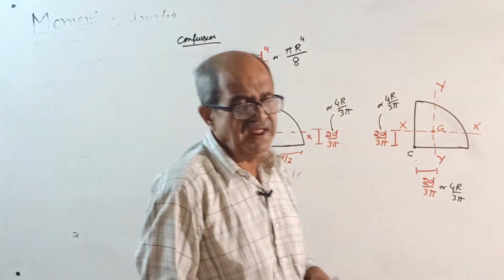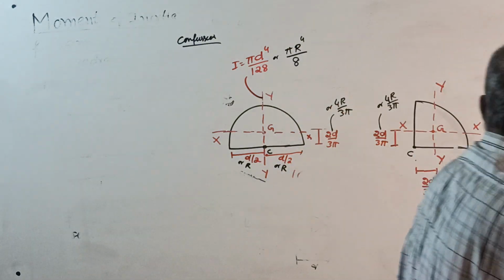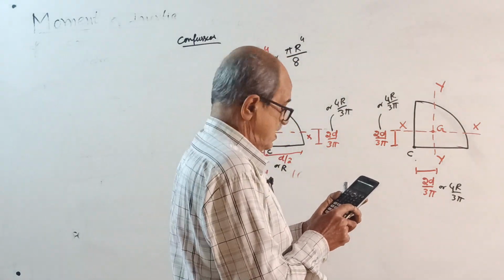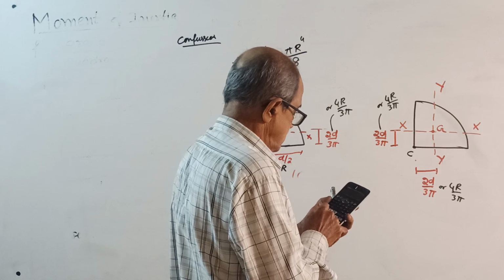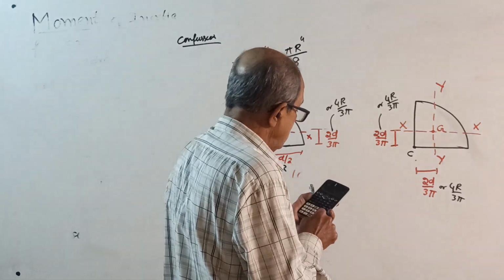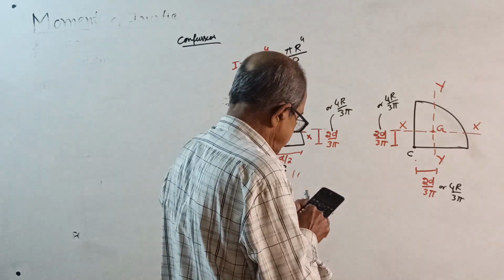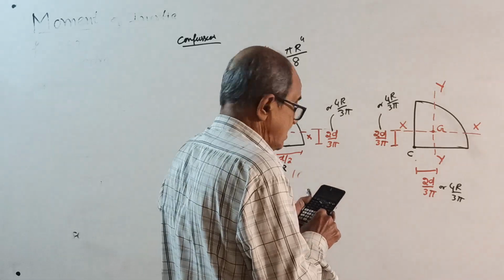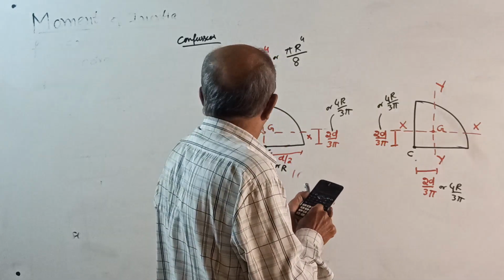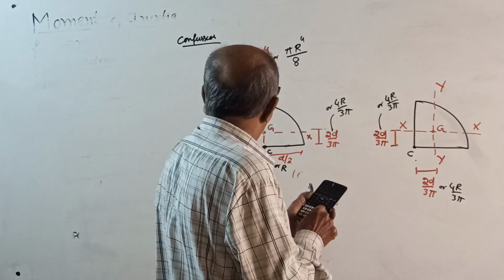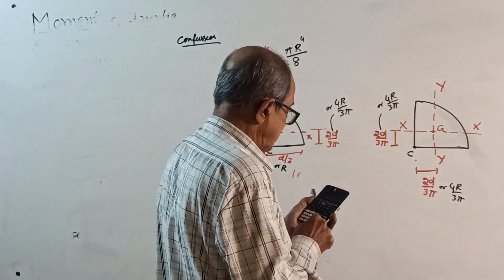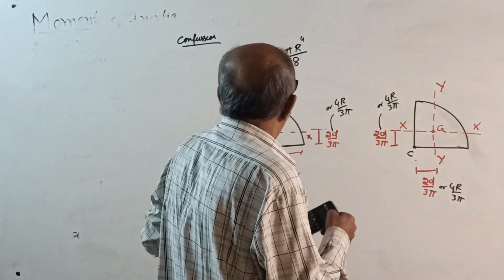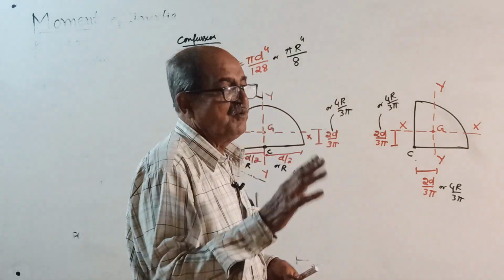Replacing d by 2r, 16 by 128 is 8, correct. Pi r power 4 by 8.